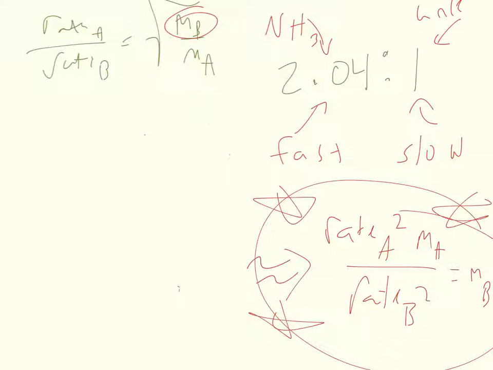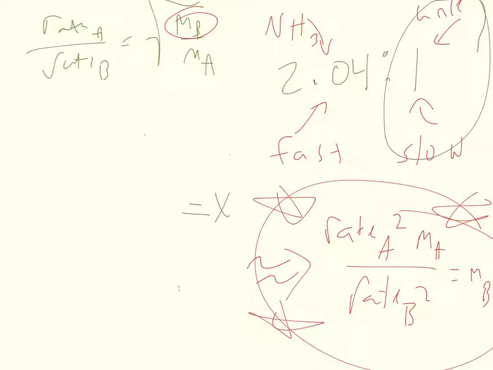We've got that here. We can take it and solve it. So rate A squared MA. MB is our unknown, so this is our unknown side of the equation. We don't know the molar mass of the unknown, and that's fine. That's going to stay X. And since this is a B here, and we're saying this is our X, this has to be associated with the unknown. So it's got to be the 1 here in this equation.